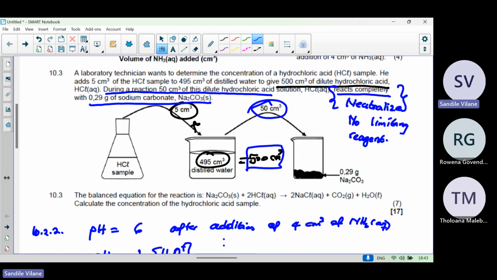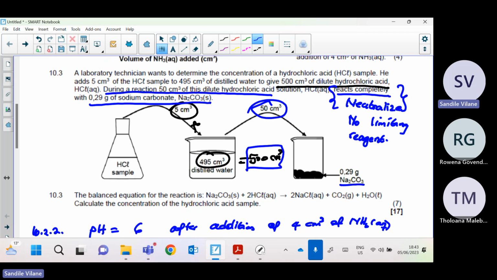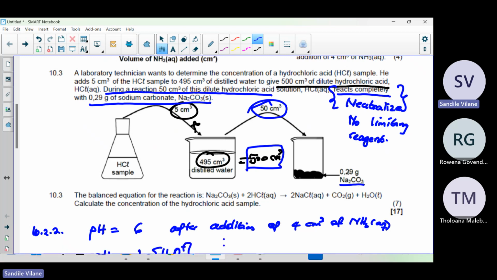And there is an assumption that we have to make here: the addition of this sodium carbonate does not change or affect this volume. Otherwise, this calculation will not be correct. Remember that when you drop something, for example an ice cube, in a glass of water, the level of water will rise. So the assumption here is that this sodium carbonate will not affect this volume, which is 50 cubic centimeters.